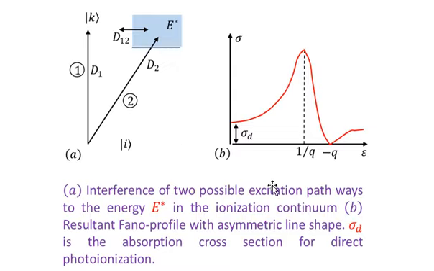So let's concentrate on this figure. So you see that this sigma D. Now about figure B, resultant Fano profile with asymmetric line shape. You can see that the line shape is asymmetric. Sigma D is the absorption cross section for direct photoionization.